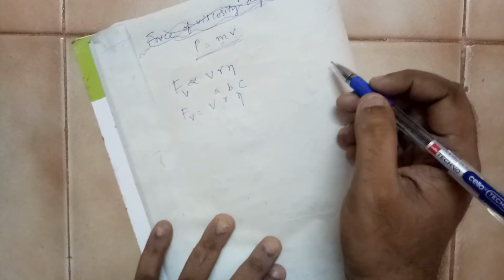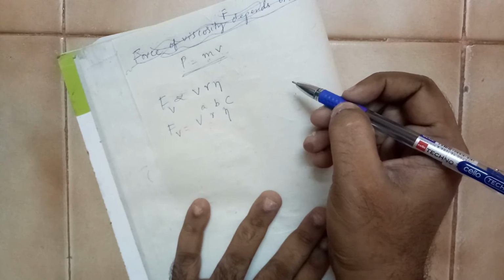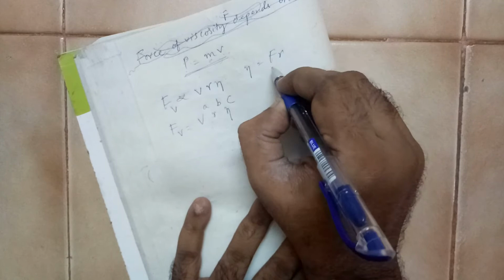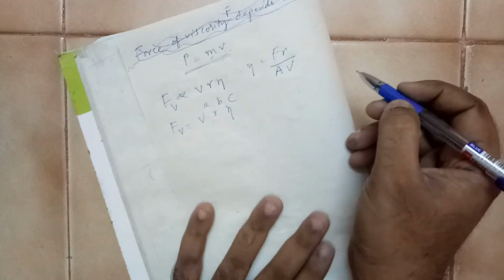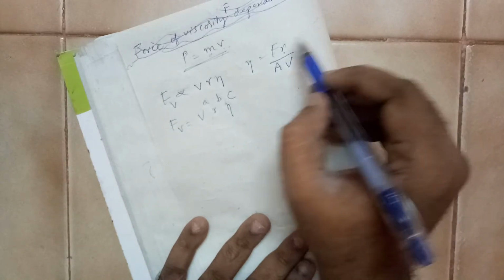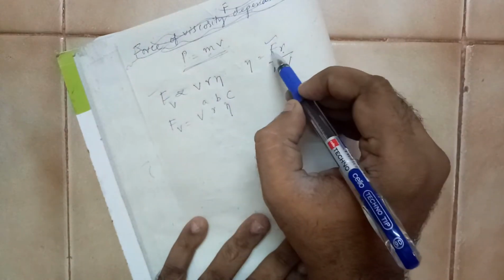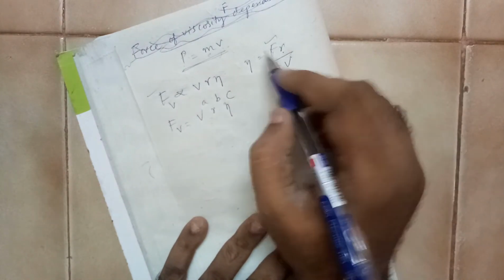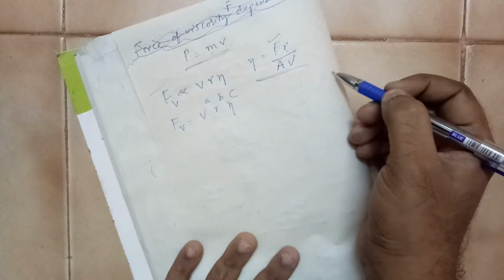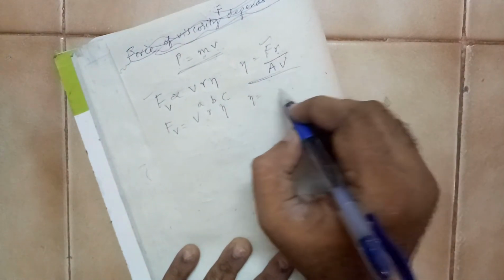This neta is the coefficient of viscosity, defined as Fr by Av. Here r is the distance between the layers, and this is the shear force. Mind you, this force and this force are different. This is the shear force between the layers that we will study later on, but right now we need the dimensional formula of neta. Neta is equal to, what is the dimensional formula for F?